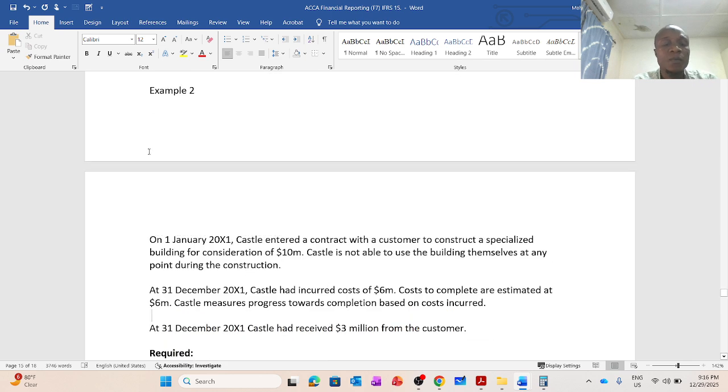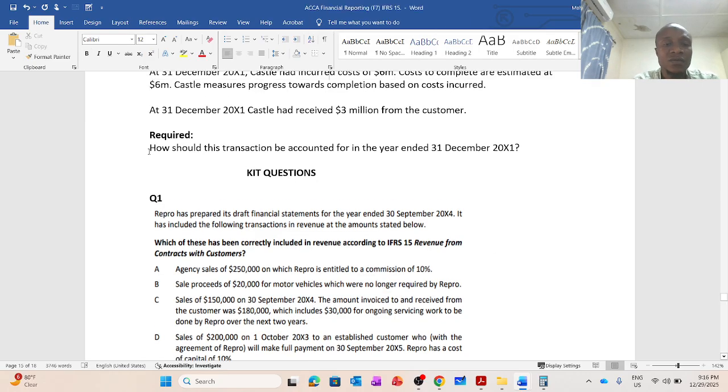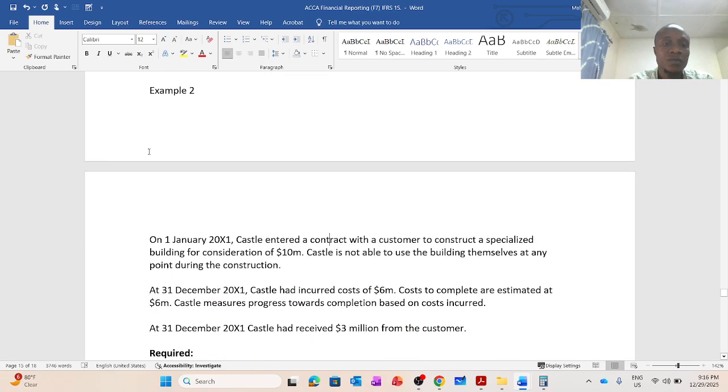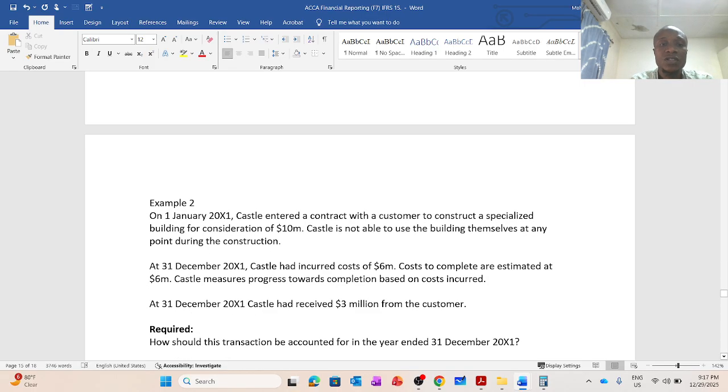The requirement stated how the transaction should be accounted for in the year ended 31st December 2021. On 1st January 2021, Castrol entered a contract with a customer to construct a specialized building for a consideration of $10 million.